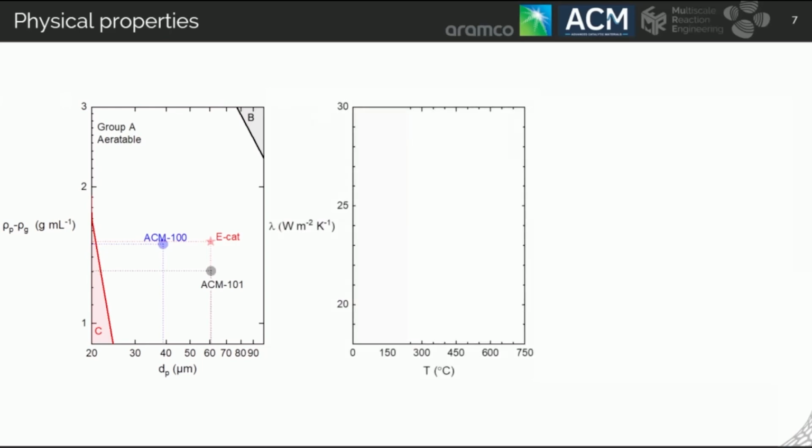If we go to the other property, which is the thermal conductivity, we can measure the thermal conductivity in the lab up to a certain temperature. So we have two sets of data, one for the ACM101, and the other one is for the ECAT.